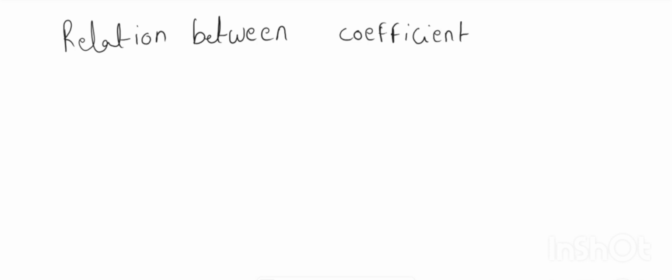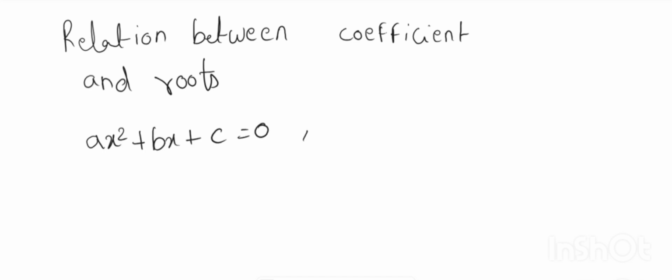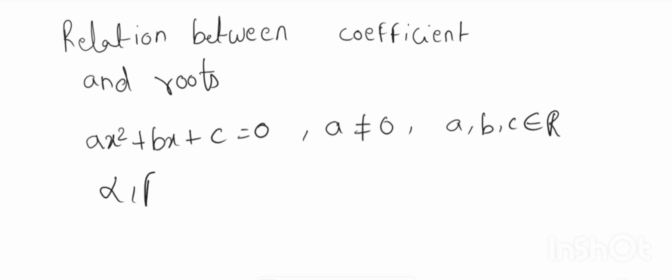Relation between coefficients and roots. The expression ax square plus bx plus c is equal to 0, where a is not equal to 0 and a, b and c are real numbers, is a quadratic equation with real coefficients, and the roots are alpha and beta.